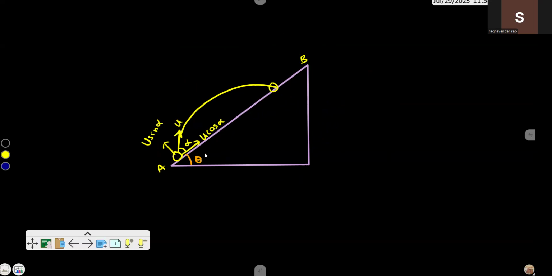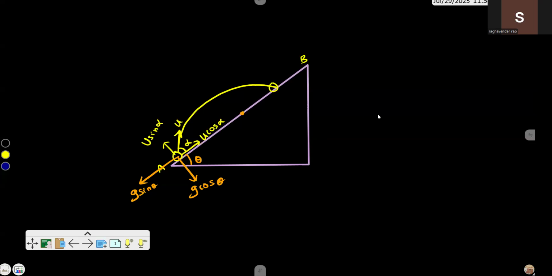Now gravitation is also broken into two components. The gravitation components I am writing on this side: along the incline it is g sin theta and perpendicular it is g cos theta. If you understood this much, then in inclined plane, nothing is there. Everything is done. So this is what you have to understand.